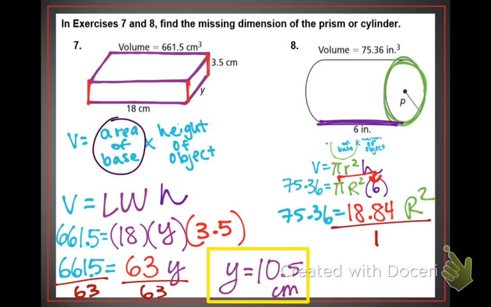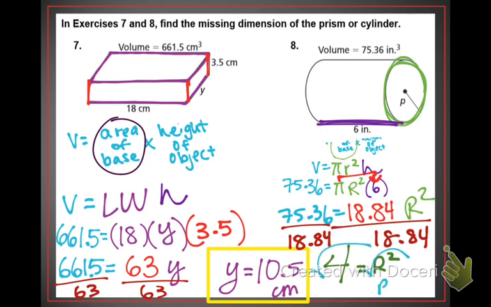Divide by 18.84. What do we get when we divide by 18.84? Perfect. Take the square root. What is the square root of 4? 2. So the radius is 2 inches.